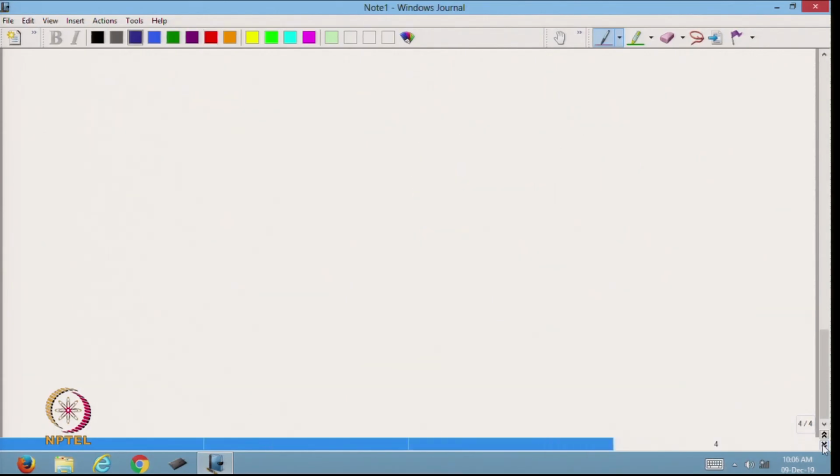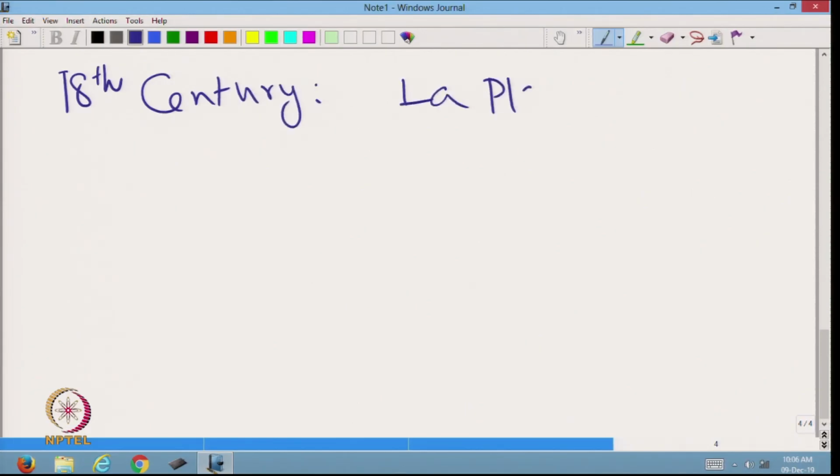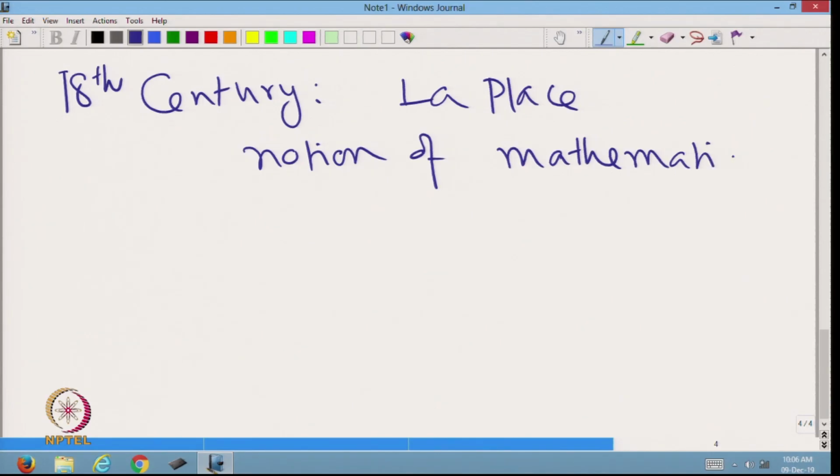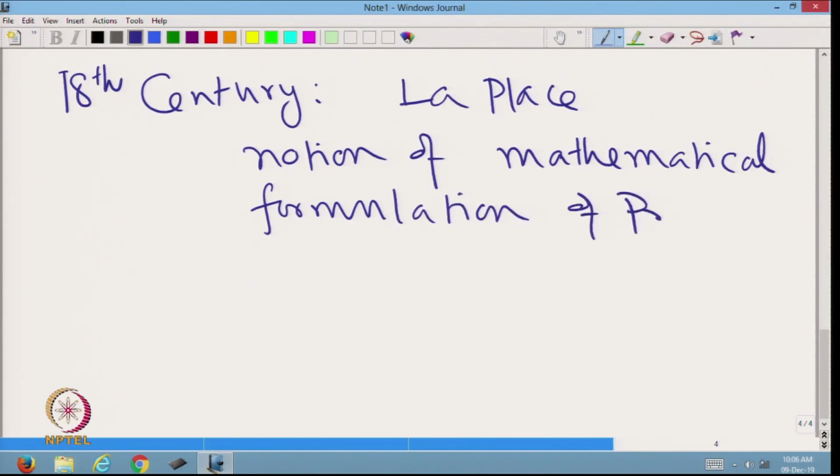Later, in the 18th century, Laplace brought the notion of mathematical formulation of probability.